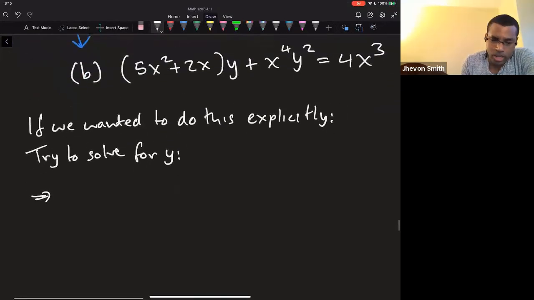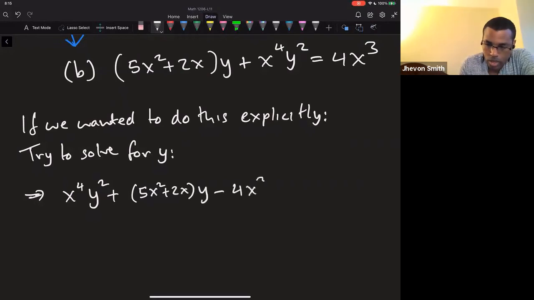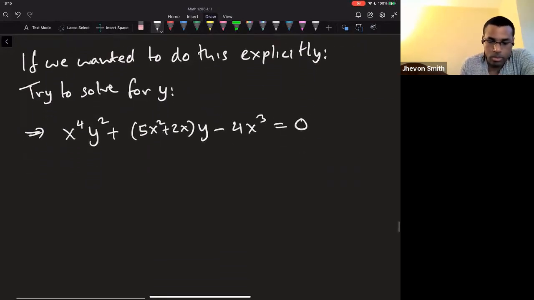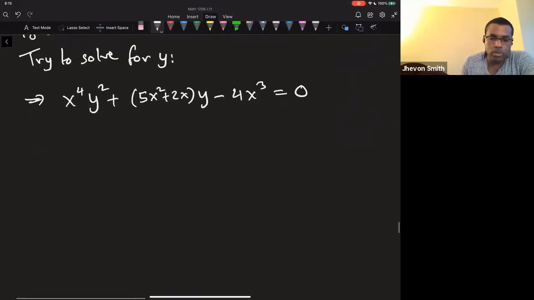I'm going to rewrite this very suggestively. We have x to the 4th y squared plus 5x squared plus 2x y minus 4x cubed equals 0. I brought that to the one side and I put the y squared in front. Does anyone see how to solve this or what that is?